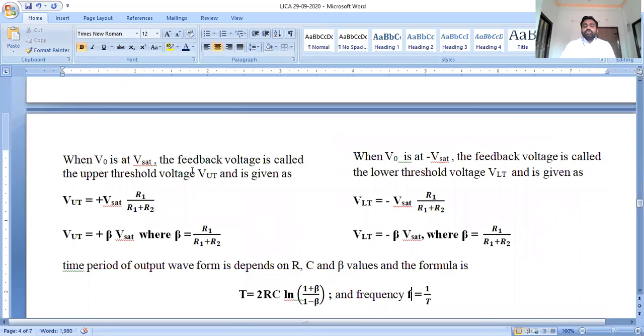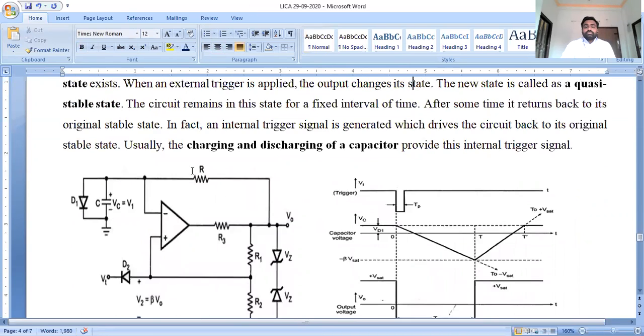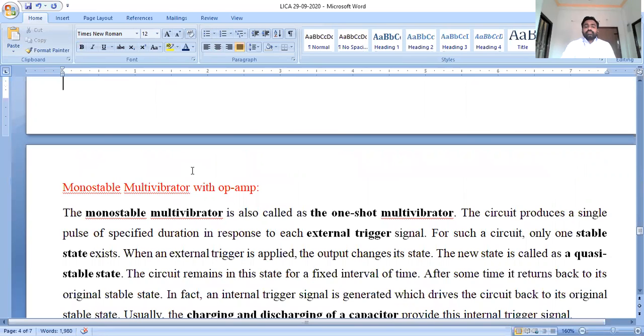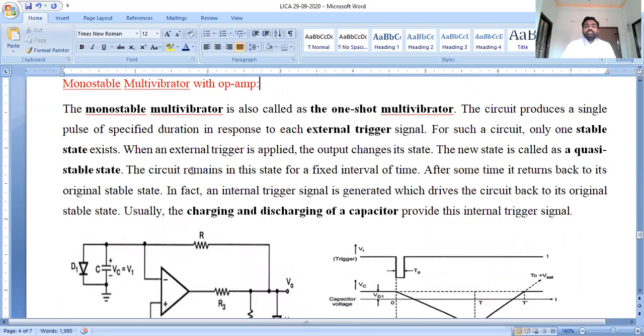So if we go into today's discussion, we will discuss the monostable multivibrator, the monostable multivibrator as an application of the operational amplifier. Mono means single.